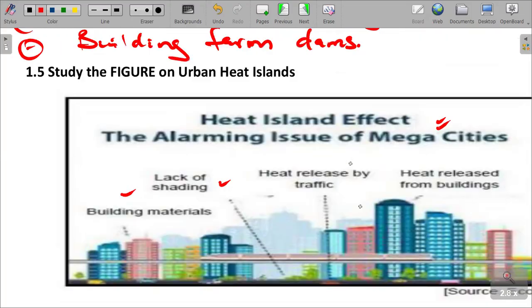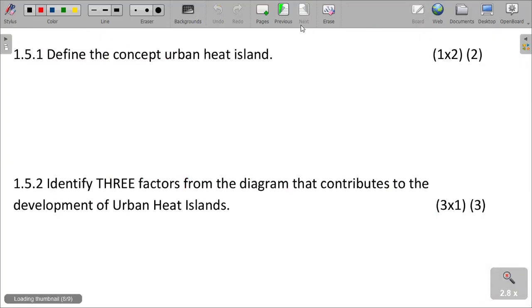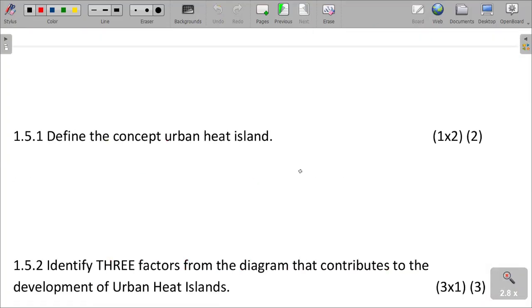The question first says, define the concept urban heat island. Urban heat island, we say that these are tendencies of having a city with higher temperatures surrounded by rural areas with what? With lower temperatures.